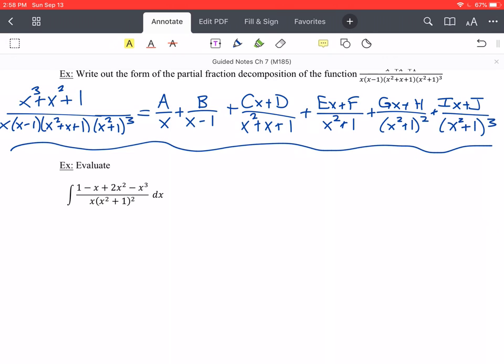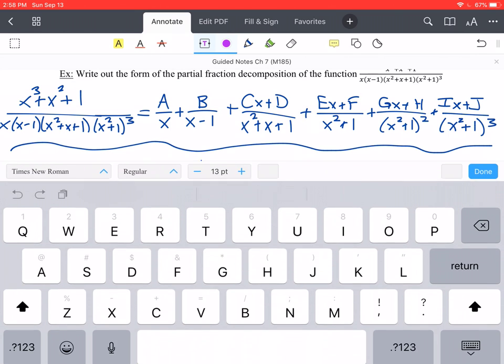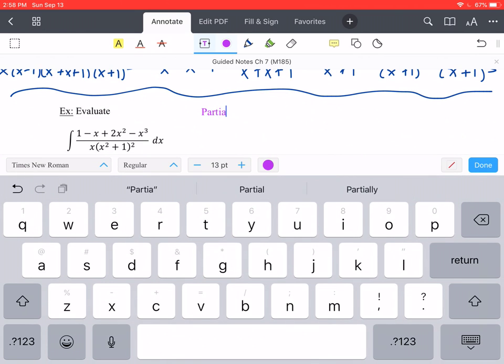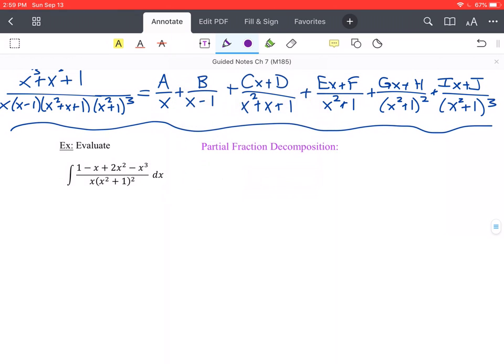Okay, so our partial fraction decomposition, let's write it over here. So this is going to be 1 minus x plus 2x squared minus x cubed over x times x squared plus 1 quantity squared.